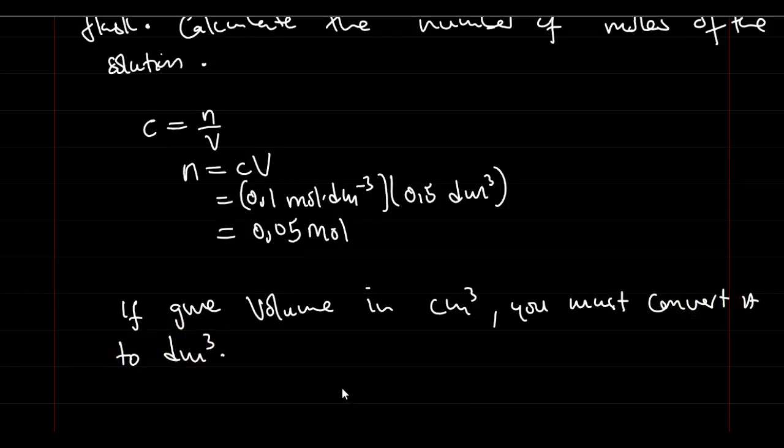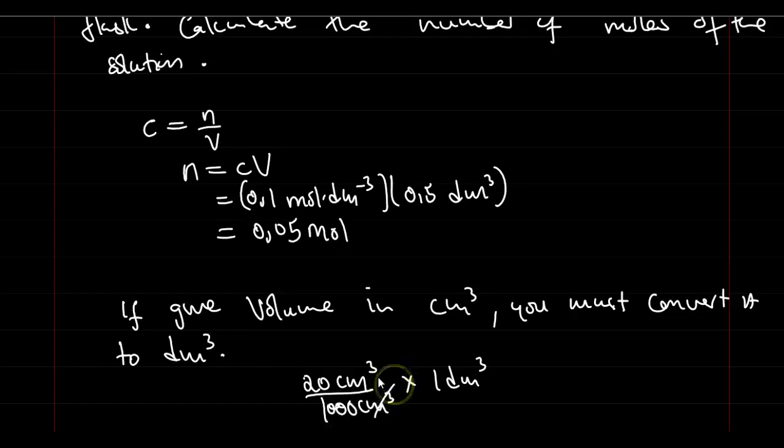How do you do that? If you are given 20 cubic centimeters, you are going to convert it like this: 20 cubic centimeters divided by 1000 cubic centimeters multiplied by 1 dm cubed. This is how you are going to convert it.